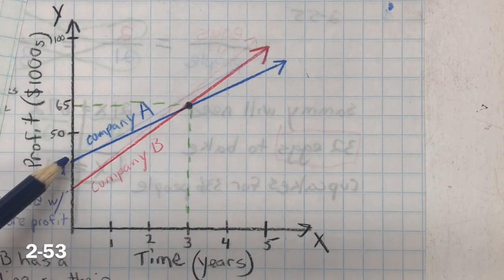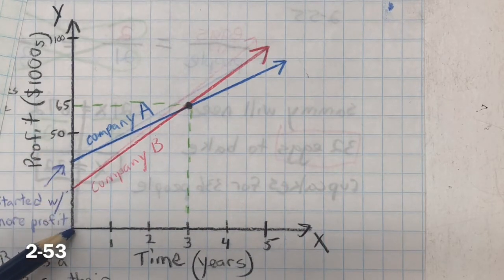So company A started out with more profit. The further we go down the y-axis, the closer we get to 0, the origin.